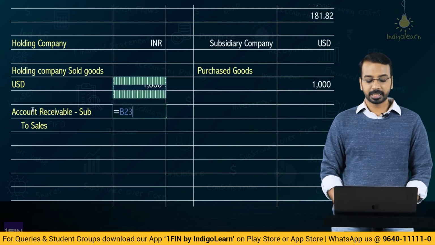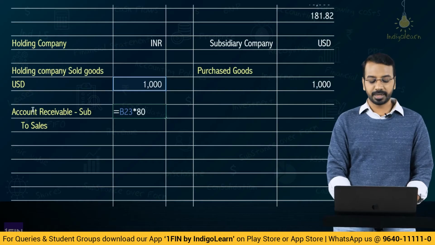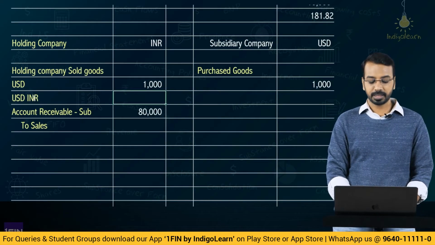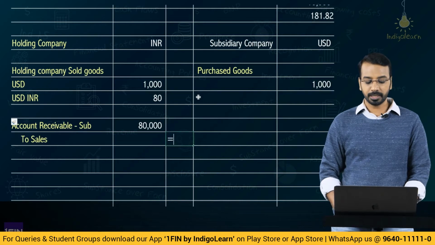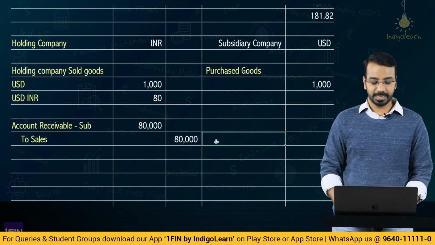How much? 1000 USD multiplied by the exchange rate. Assume for a moment exchange rate is 80. I'll put here, USD INR exchange rate is 80. So, you will debit the subsidiary company by 80,000 and you will credit revenue also by 80,000, right? Account receivable to sales.